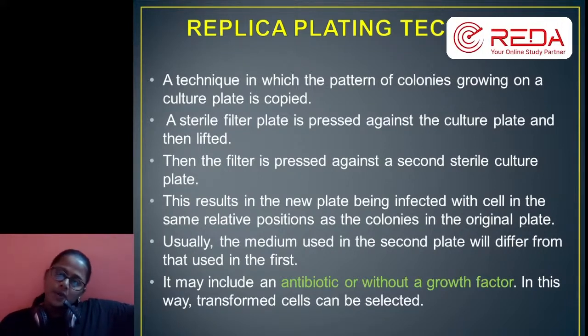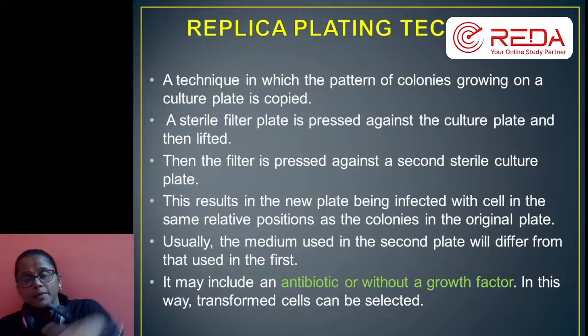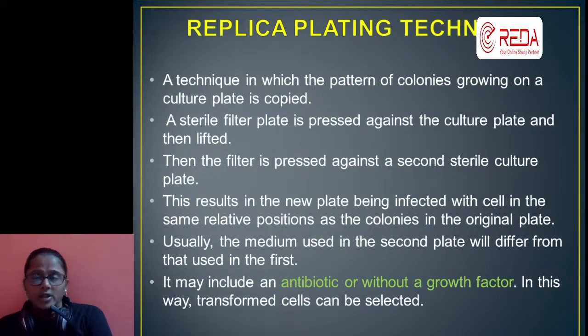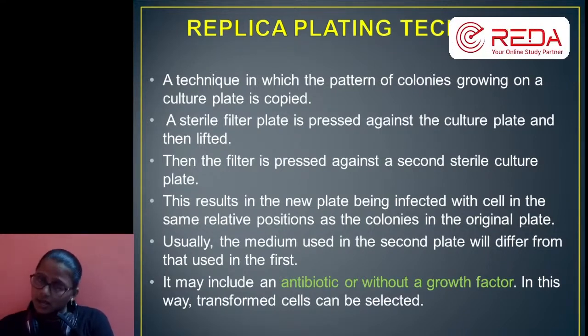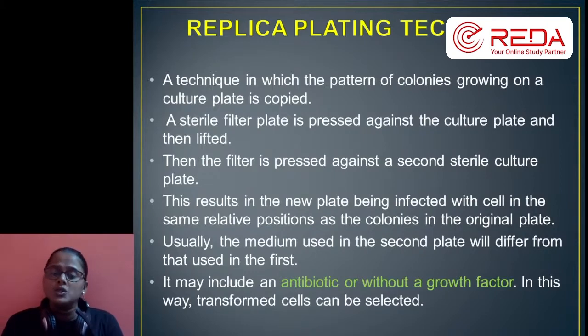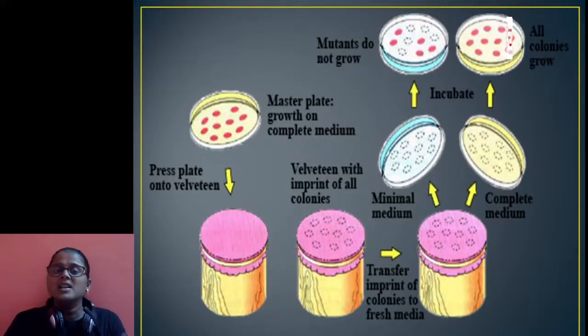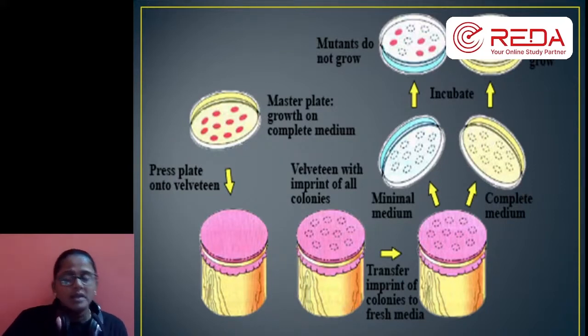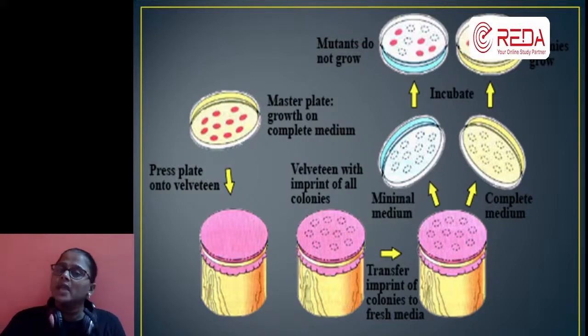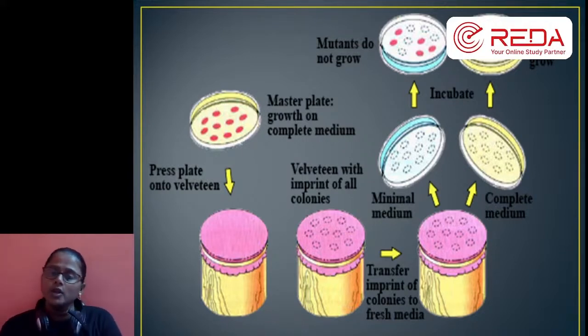If it grows in the first medium but not in the second, something in the second medium is stopping it from growing. So you can compare these two replica plates and find out what is missing, what is added, which is not making them grow and which is making them grow. Like that you can come to your conclusion.